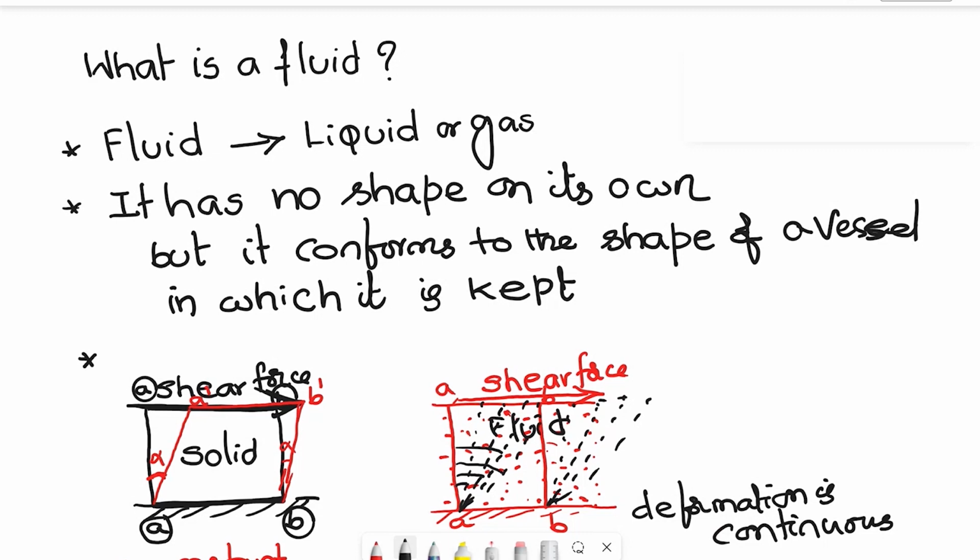What it means, here, this alpha is not constant actually. In solid, alpha is constant. And here, as long as you're applying the shear force, the deformation is continuous. That is what we understand.